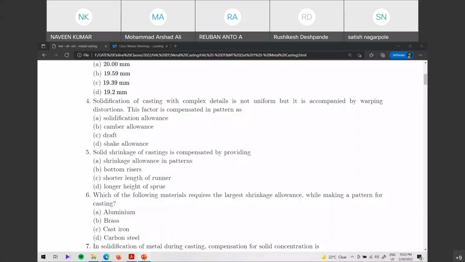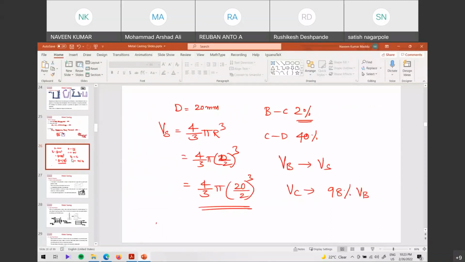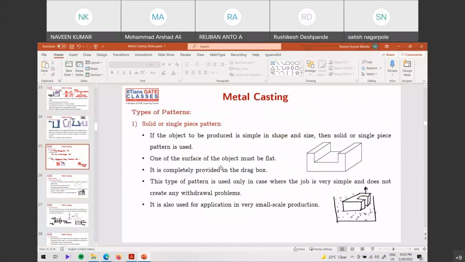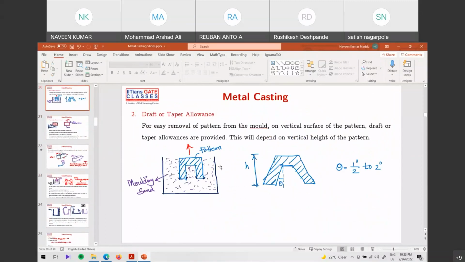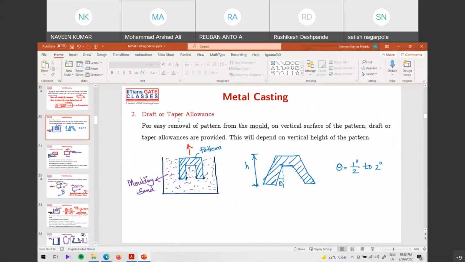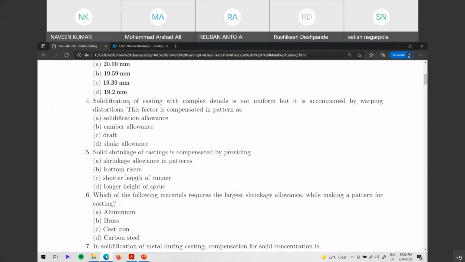If I just delete this slide, draft or taper, here let's read the question. What is the question? Solidification of casting with complex details is not uniform, but it is accompanied by warping or distortion. Here distortion is occurring.